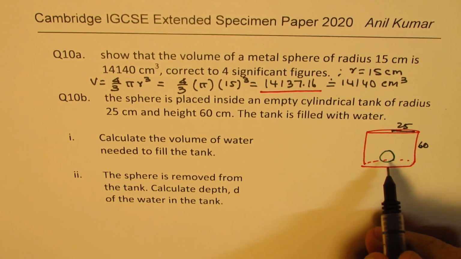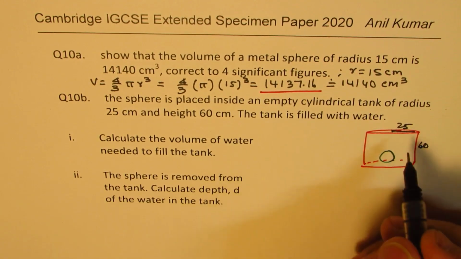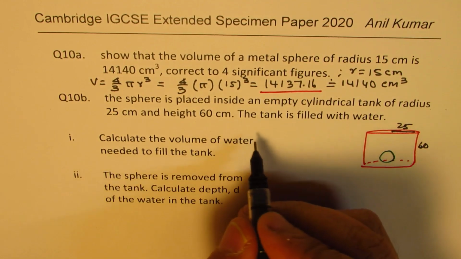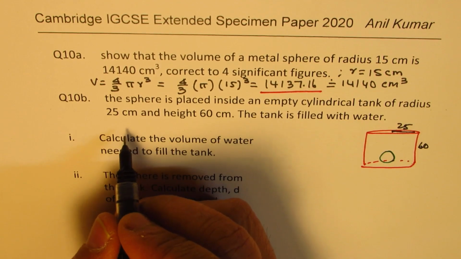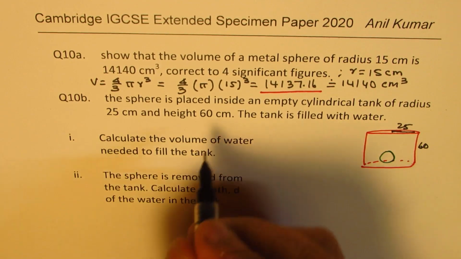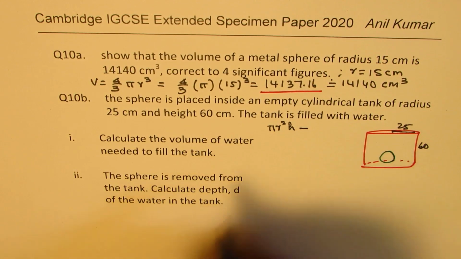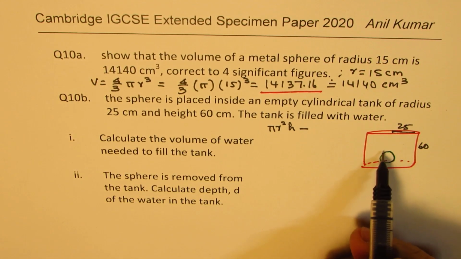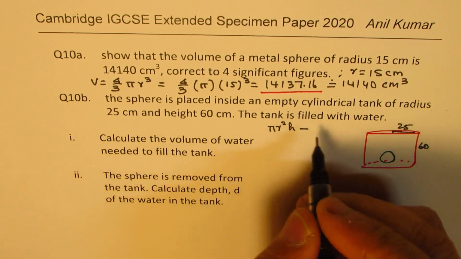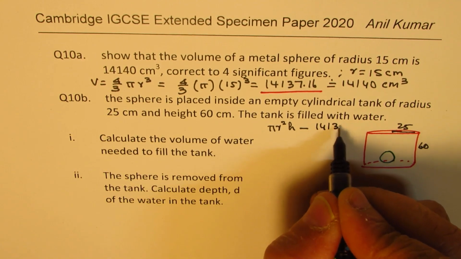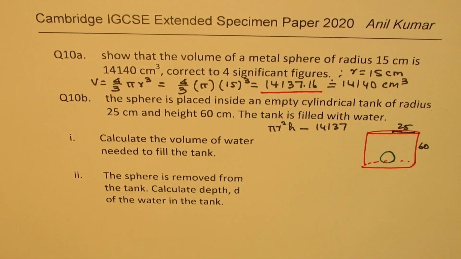So the volume will be the volume of the tank, which is pi r square h, and from that we are going to minus the volume of the sphere, which is 14137. That is what we will do.